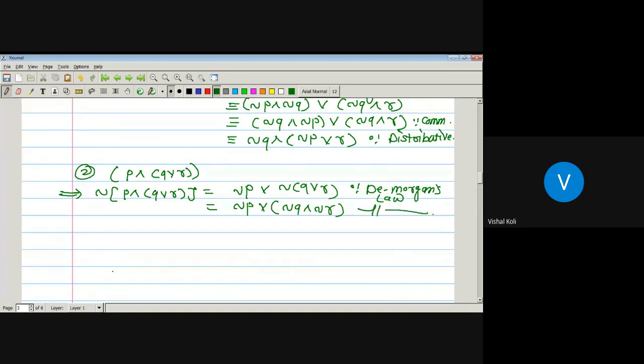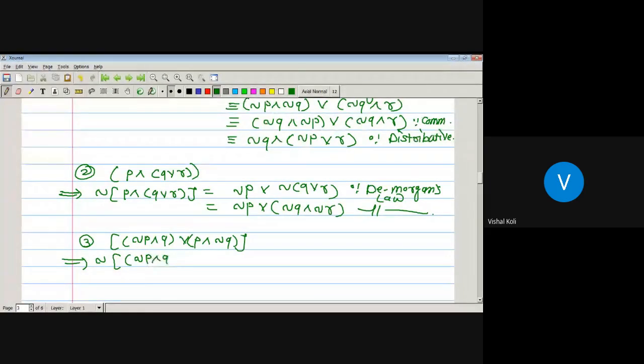Now the third one: negation of P and Q or P and negation of Q. We have to find out its negation. So take the negation of this one.